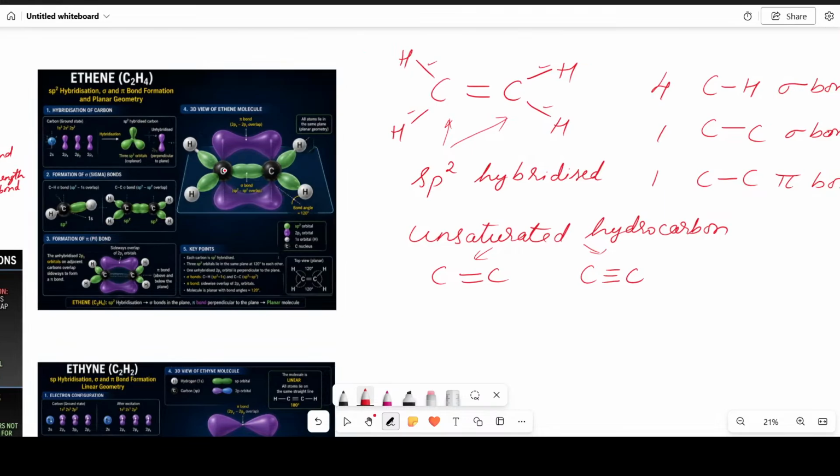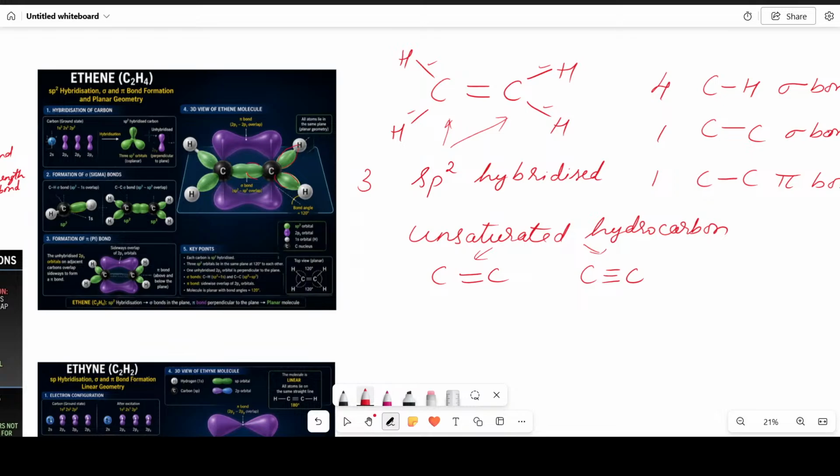2 carbon atoms are there, and these orbitals, the green structure you are able to see, are the 3 sp2 hybridized orbitals. They orient themselves along the geometry of trigonal planar.